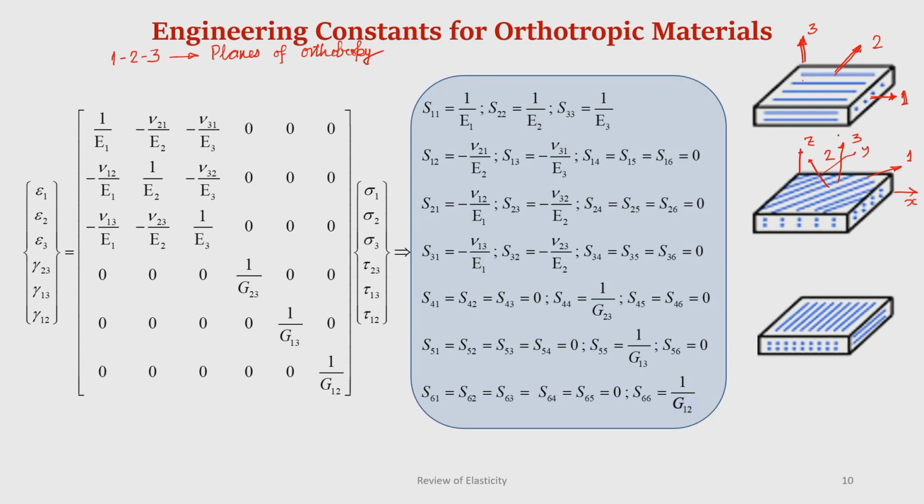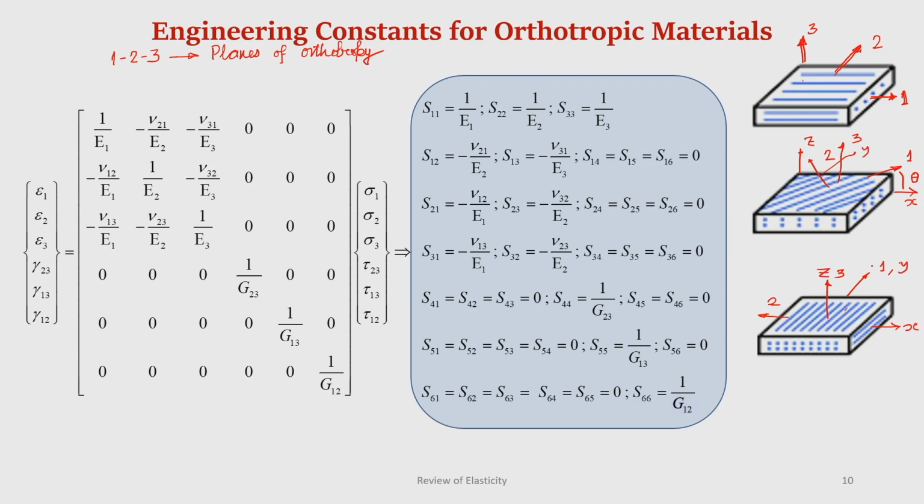Okay. Now, x and 1 are not same, they have a different orientation. Similarly, in this case this is 1, this is 2 and 3 is of course same, but your x could be this, your y could be coinciding with 1 and z is same.